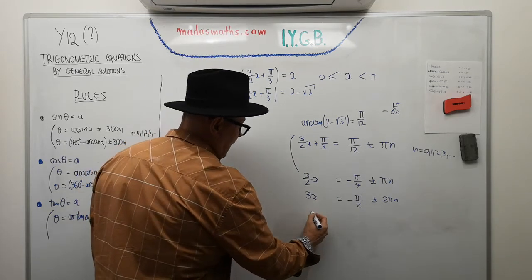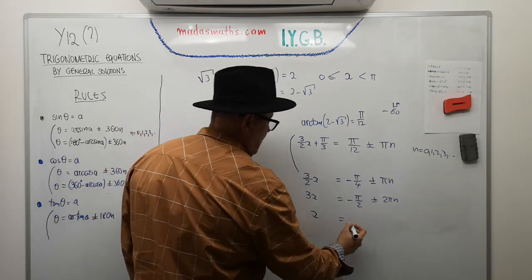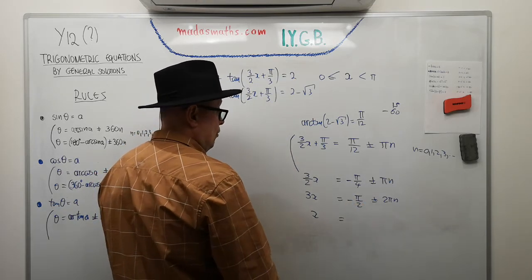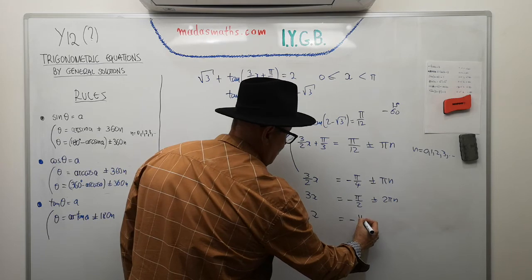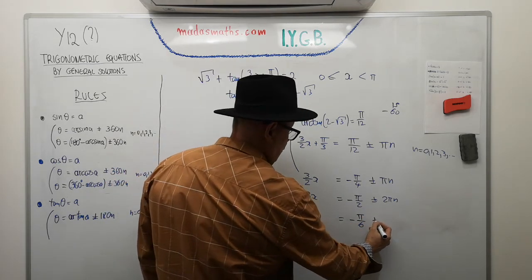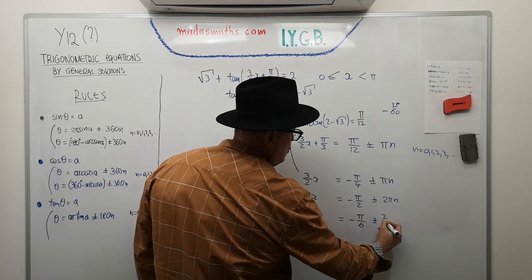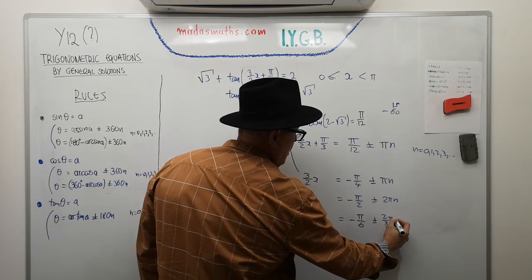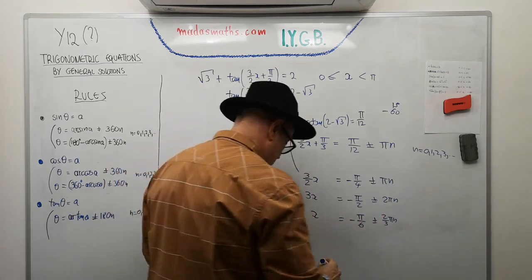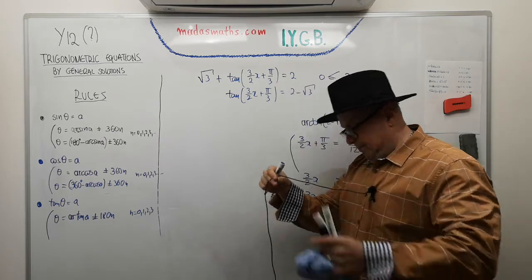We divide by 3 quite clearly. X is equal to, divided by 3, that's a 90, divided by 3 will go 30, and 30 is minus pi over 6, plus or minus, and this will go 2 pi n over 3, or if you want, 2/3 pi n. And the mic is on my feet. Hopefully I will not trip.